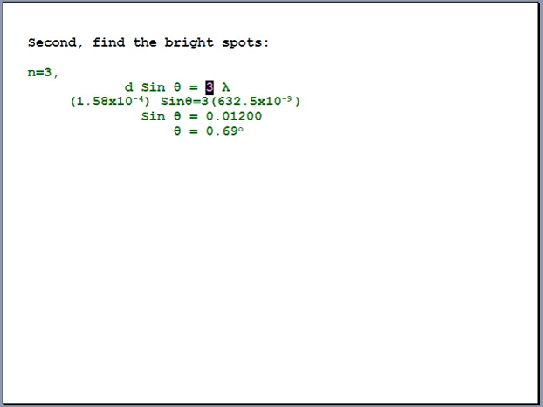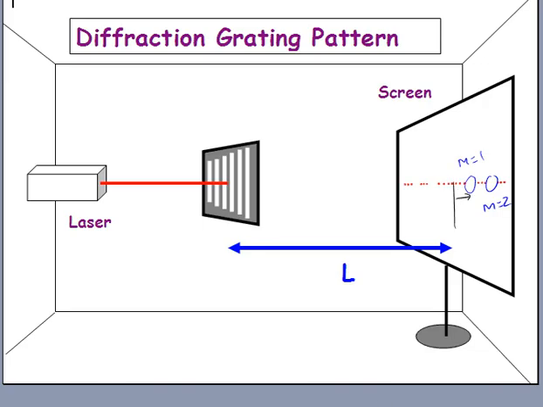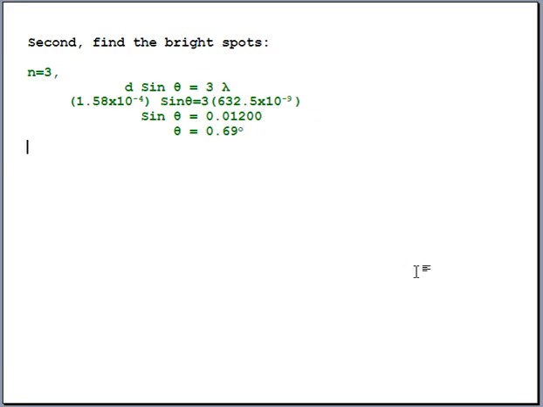So I'm actually finding from the center out where the third dot is going to be located. Not the first, but the third, just because I wanted to do the third. Okay, doing a little math 10, I find that the third dot is actually located 6 centimeters to the side of center. Now remember, it's not perfectly linear, but it sure is close.